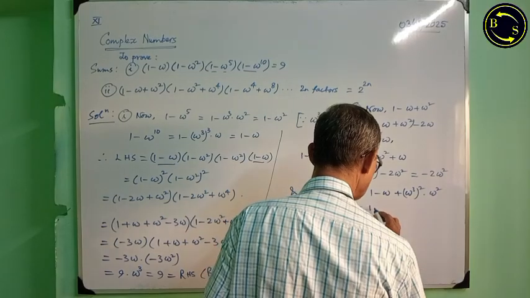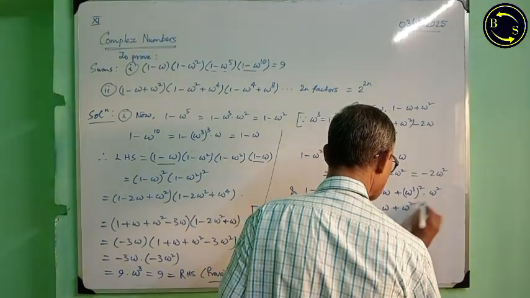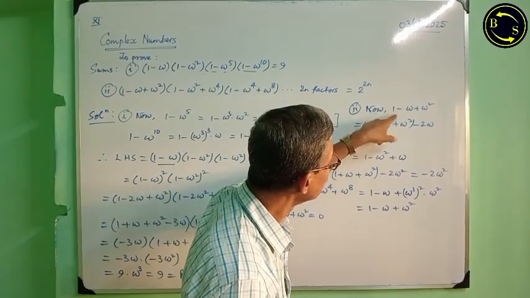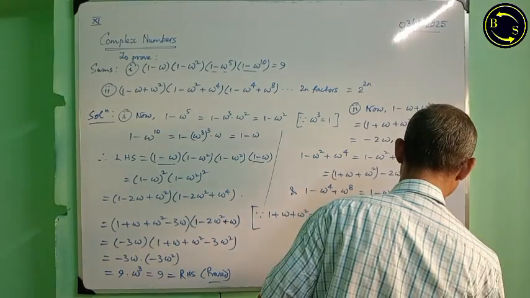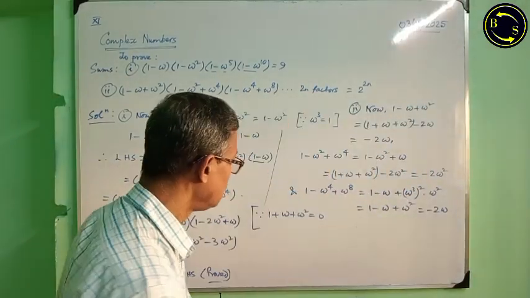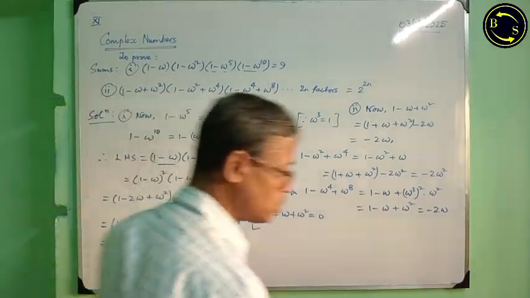That means 1 minus omega plus omega square. We have got this one, therefore this will be equal to minus 2 omega.